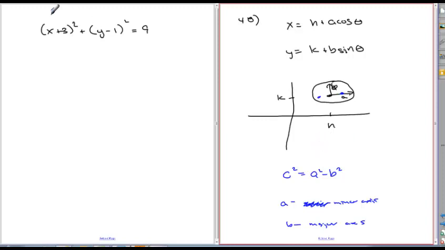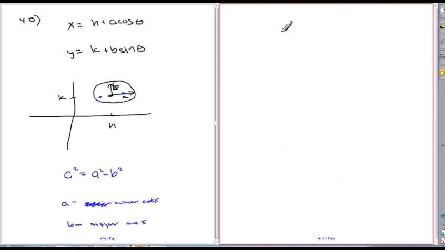So let's just write it down. Let me put another page up here. So we know that c is equal to 4. Oh, sorry, a is equal to 5. Let me get that right. a is equal to 5. c is equal to 4.